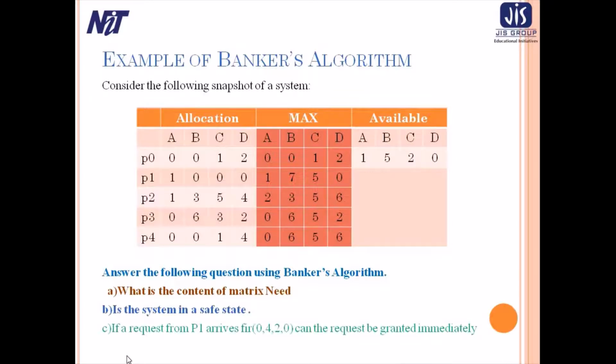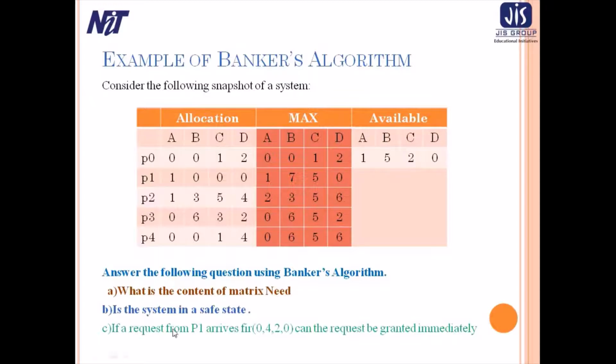The third question is: a request from P1 arrives. There are five processes in this example: P0, P1, P2, P3, P4. The request from P1 is (0, 4, 2, 0).